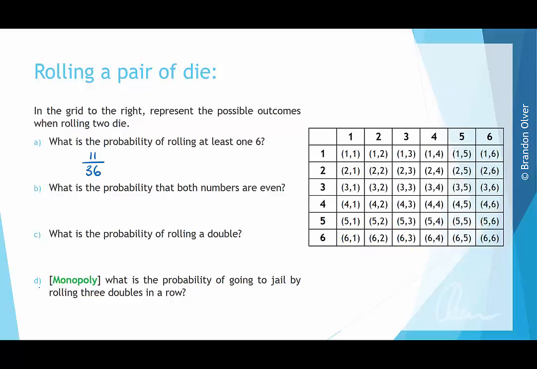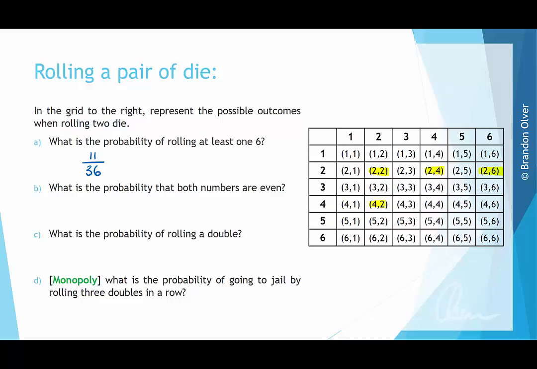For part B, we're asked, what is the probability that both numbers are even? So if we want both numbers to be even, we need to look for those particular cells in the grid that satisfy that event. So we can have 2,2, 2,4, and 2,6, but nothing that contains a 1. So that excludes that first row. Then all of these have 3s in them, so the third row is out.